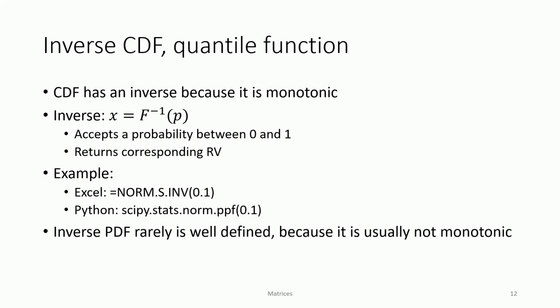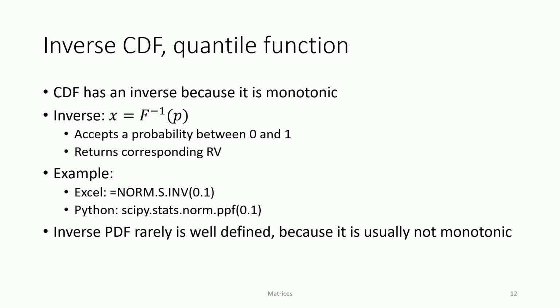Finally, let's look at the function called inverse CDF, or also quantile function. CDF, cumulative distribution function, has an inverse. Inverse meaning, when we're plugging the random variable, or like any number, into CDF, it returns us the probability between 0 and 1. So the inverse function will accept the number between 0 and 1.